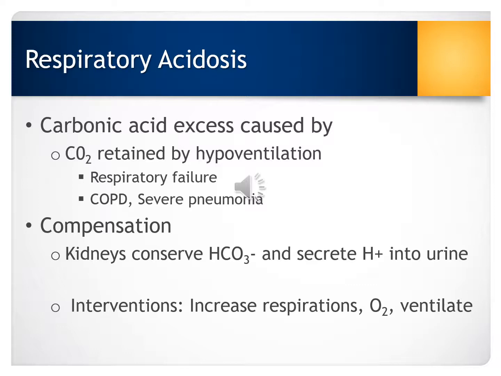To compensate for respiratory acidosis, the kidneys conserve bicarbonate and secrete an increased concentration of hydrogen ions into the urine. During acute respiratory acidosis, the renal compensatory mechanism doesn't usually happen until about 24 hours after the person has become acidotic.